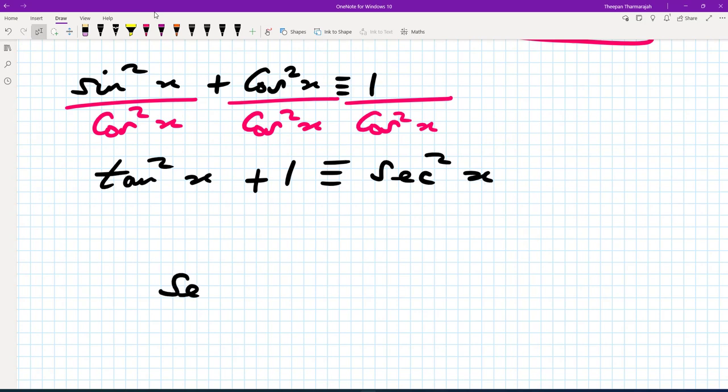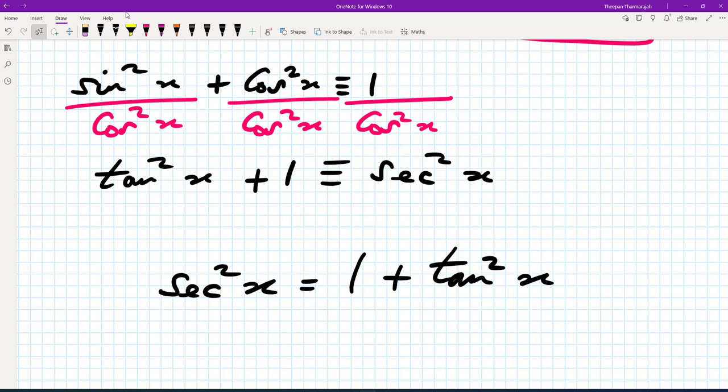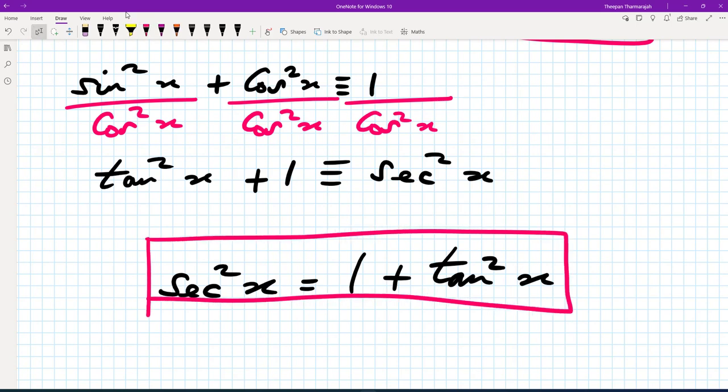So another well-known identity at A level, sec squared x is 1 plus tan squared x, is another identity you need to be really familiar with at A level.